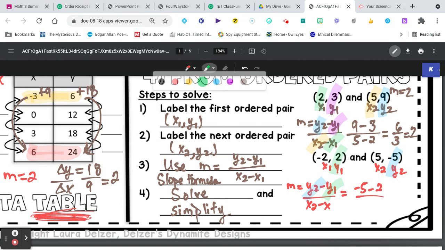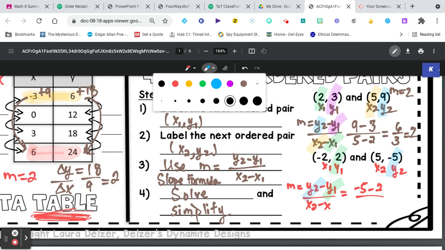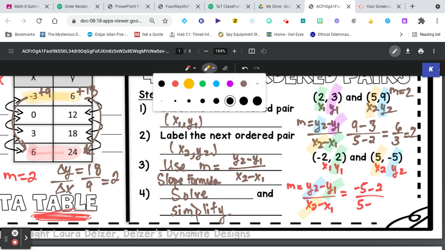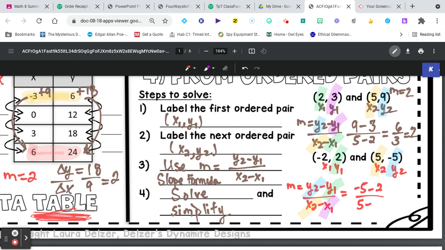And then x sub 2, according to what I have labeled, is 5 minus x sub 1. X sub 1, according to what I have labeled, is negative 2. So when you subtract the negative, make sure to put it inside of parentheses. So both of these go to the left, so I end up with negative 7.